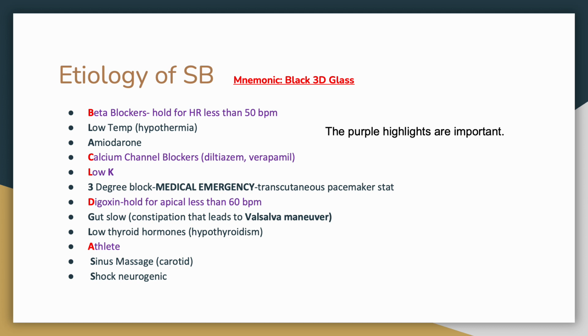That's why we take an apical pulse before we give digoxin, okay? And we hold for less than 60. And remember where you do your apical, right? And athletes, okay? So that's another reason.